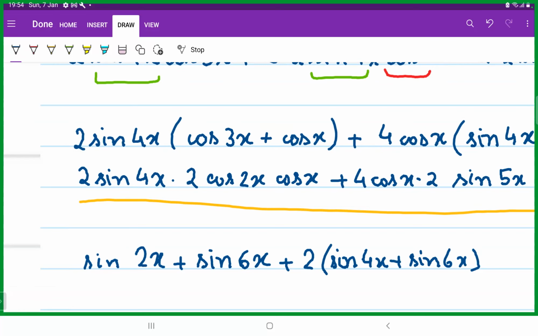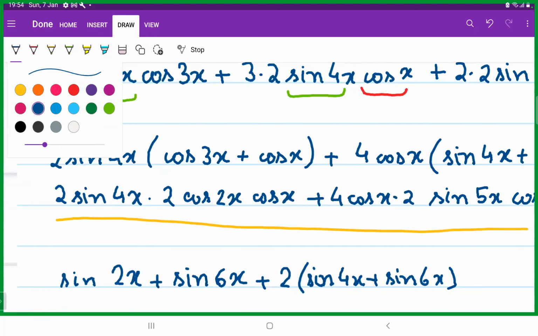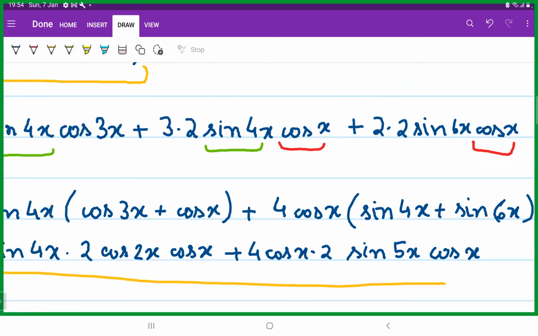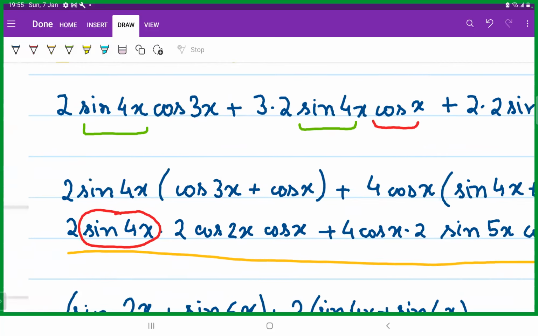Now why did I do it this way? Because we can see that we have a sine 4x over here and a sine 4x over here. So we have to do something in order to get sine 4x and similar terms.